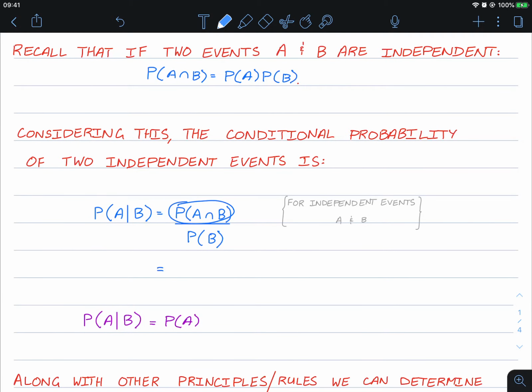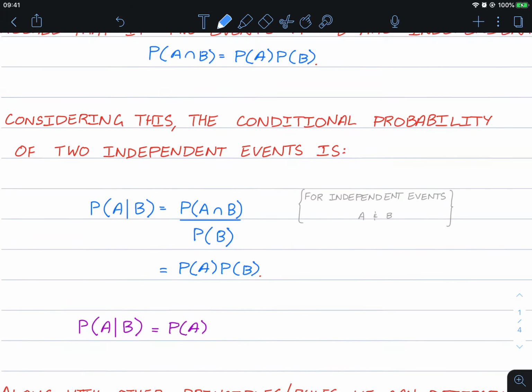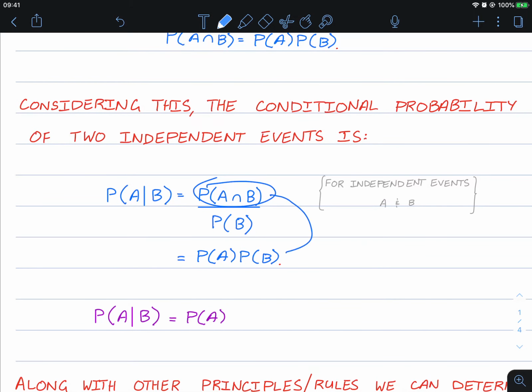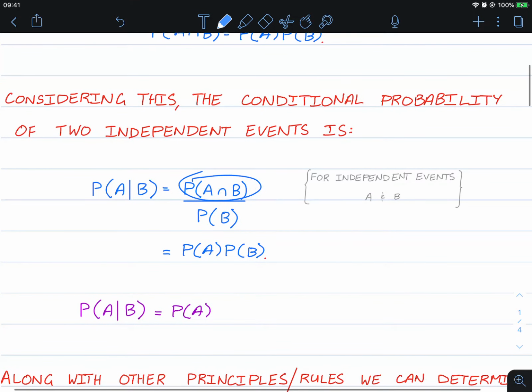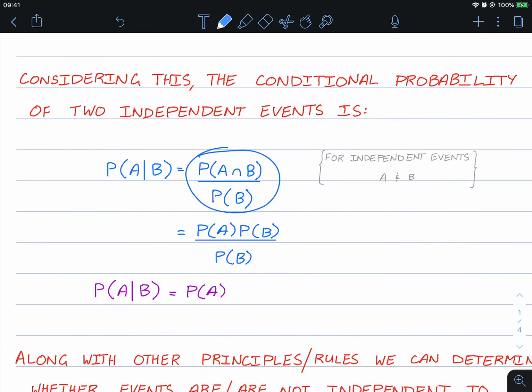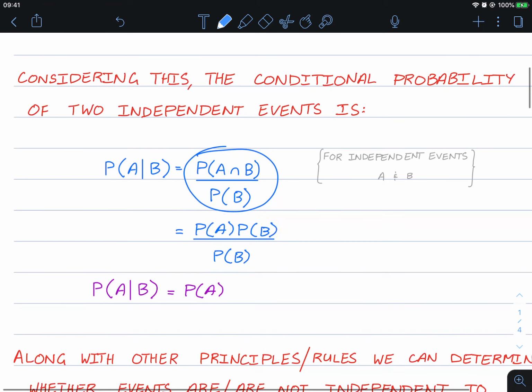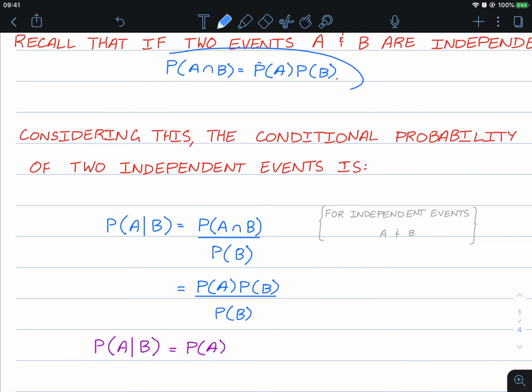So if you have the probability of A intersect B, now, if A and B are independent, then we can substitute this for this. This is only if they are independent, divided by the probability of B. So I'm just copying this exact same line here with a substitution of that expression here.